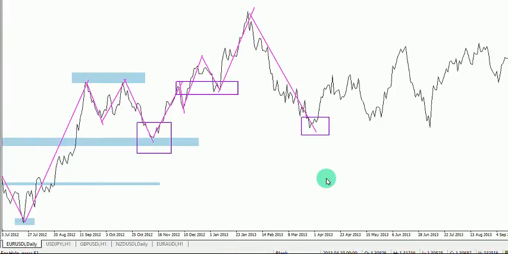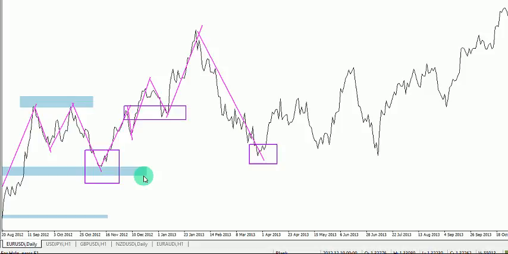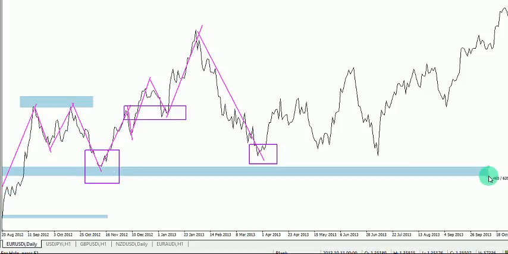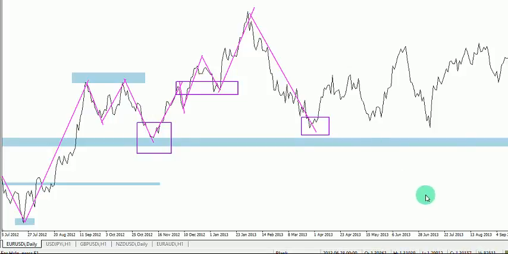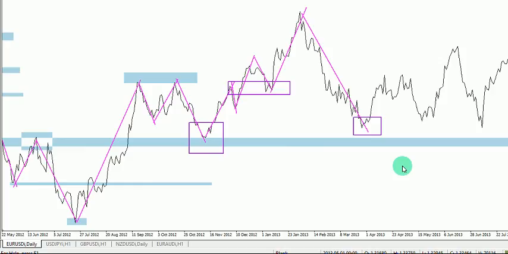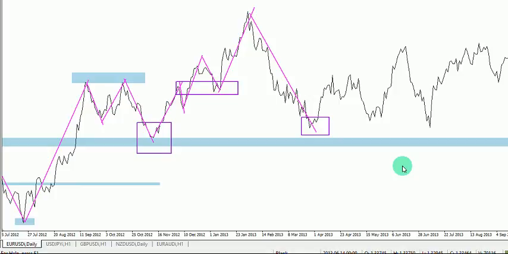This is still a buying area, unless this particular area is broken and retested from the downside. This is a higher low, unless this higher low is breached and retested from the downside. That's where you'll start looking for a sell signal.